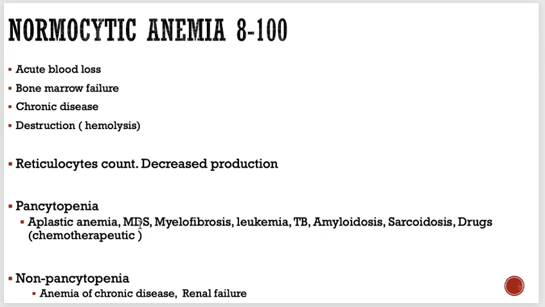Other than that, for example, myelofibrosis. As the name shows, the normal bone marrow is replaced with fibrous tissue, and cirrhosis is the fibrosis of the liver.